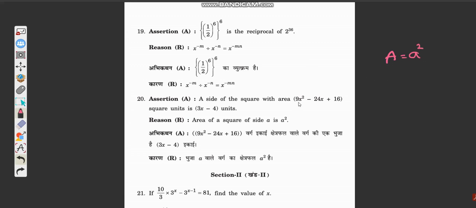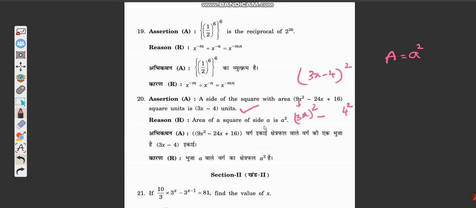So 9x square looks like 3x whole square, okay, middle term you leave. 16 can be written as 4 square. 4 square means 3 4s are 12, 12 2s are 24x. So it can be written as 3x minus 4 whole square. So the side is 3x minus 4. This is correct.